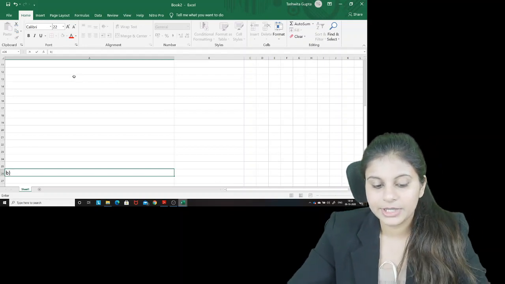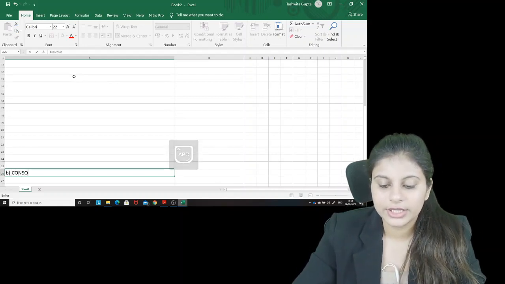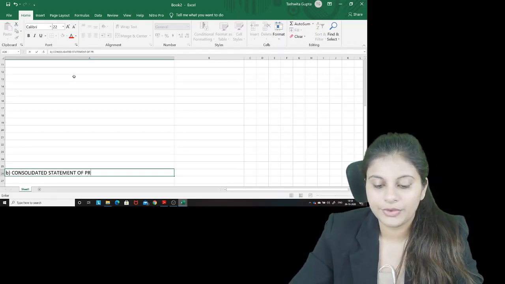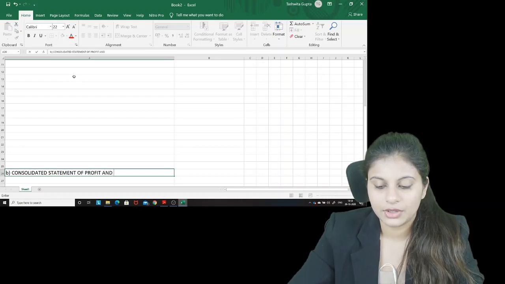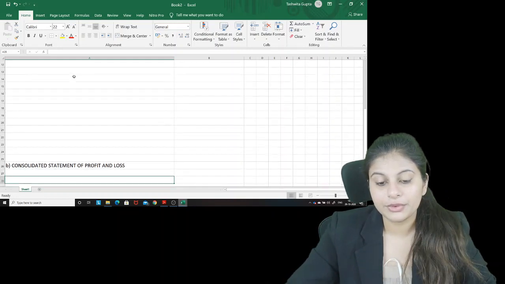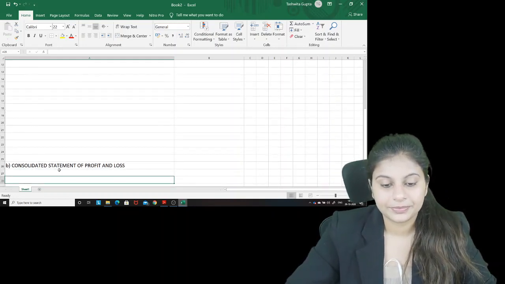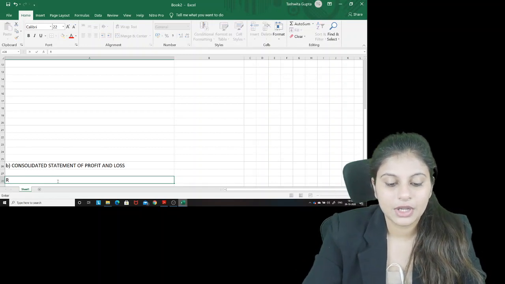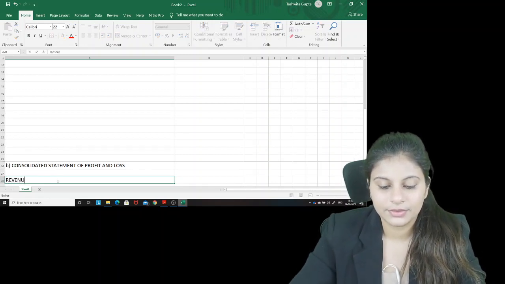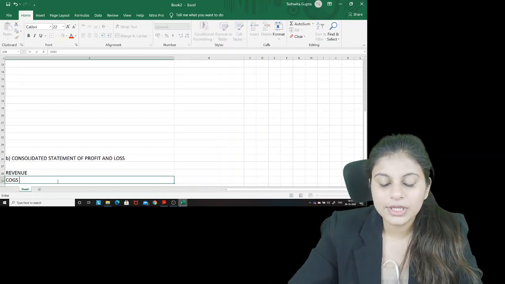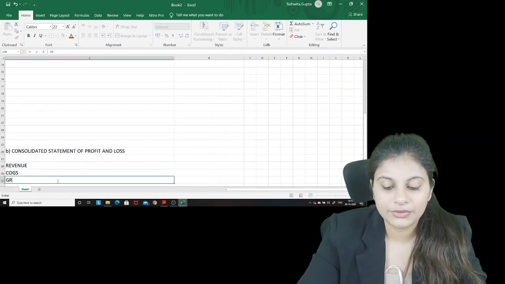So requirement B is consolidated statement of profit and loss, right? So that is my consolidated statement of profit and loss, and it is just a copy from the question, the pro forma. First comes the revenue, then comes the COGS, cost of goods sold, which will give me my gross profit.